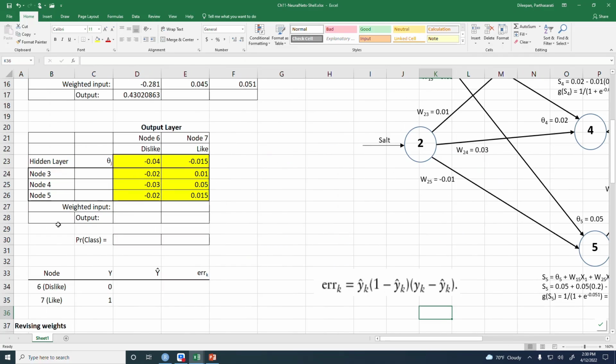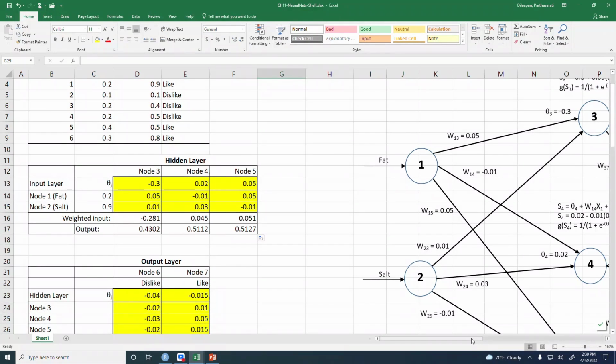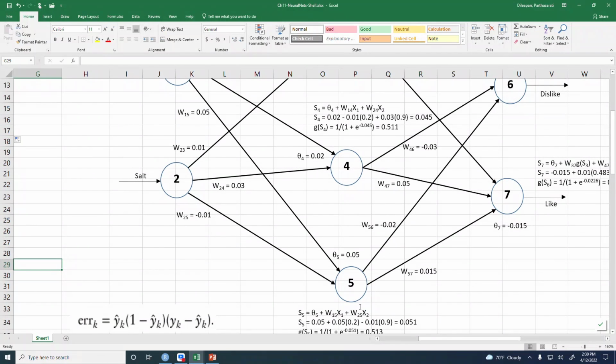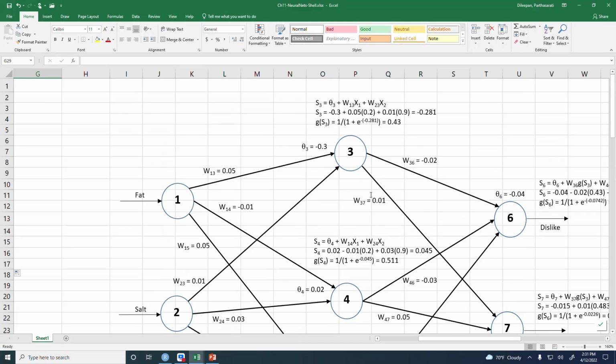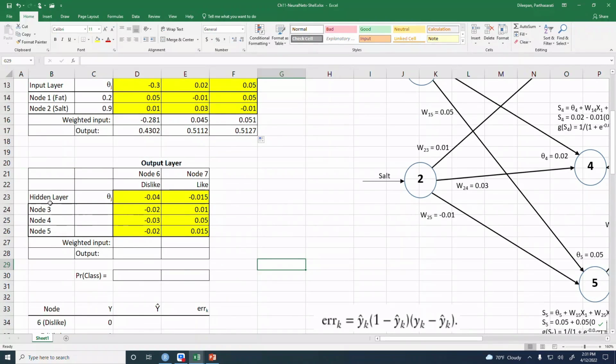So now we copy that. So those are the outputs going out of 3, 4, and 5. Now the outputs of 3, 4, and 5 are going to be the inputs for 6 and 7. So here these 3 outputs are going to be these 3 inputs.